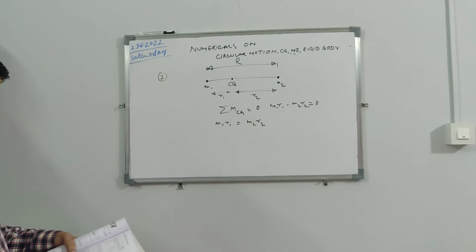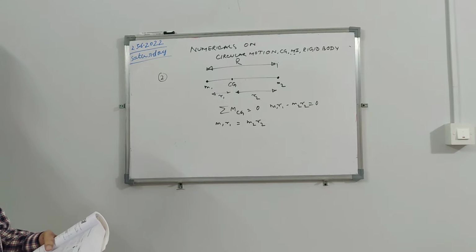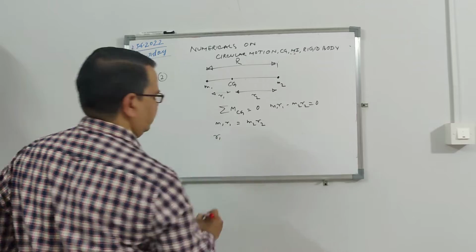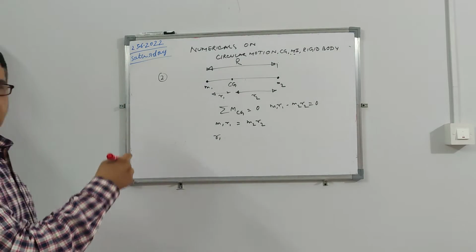So they are asking the distance of the center of mass of the body from mass m1. So we need to find out r1, right? From mass m1, distance of CG.